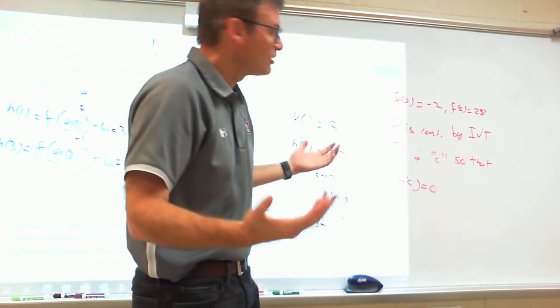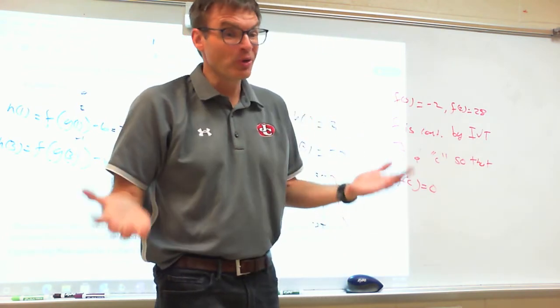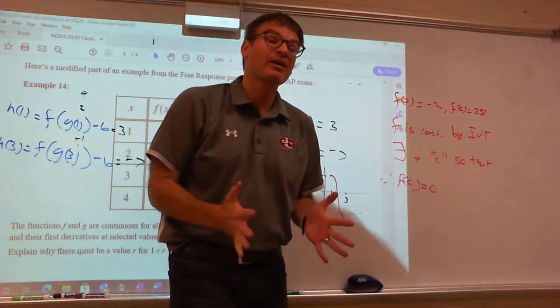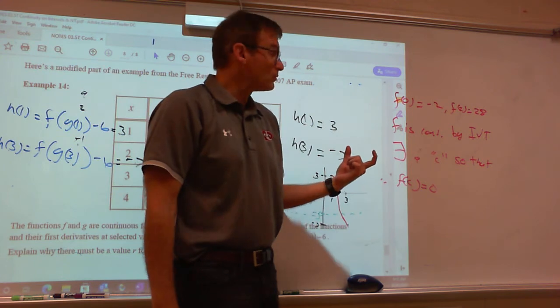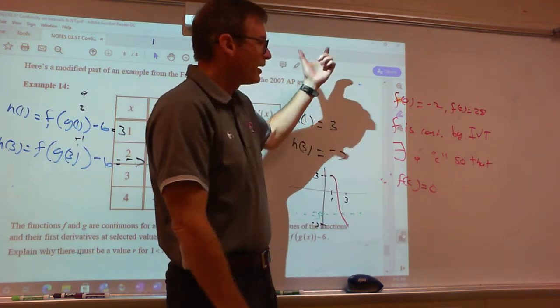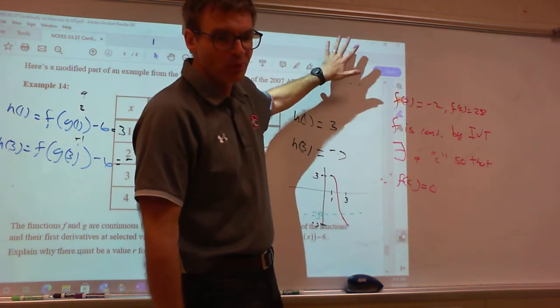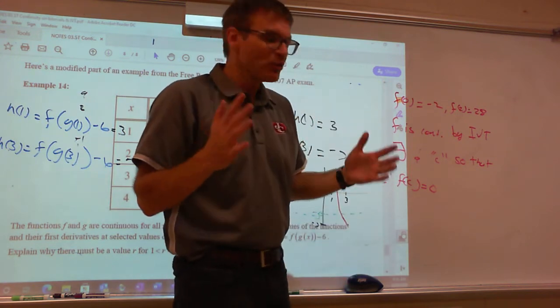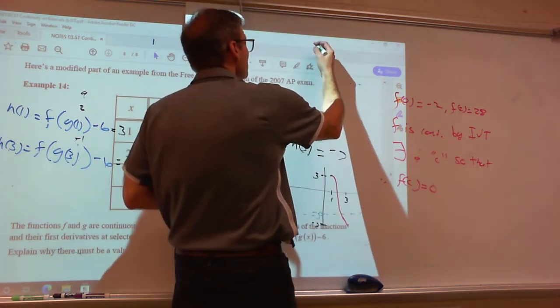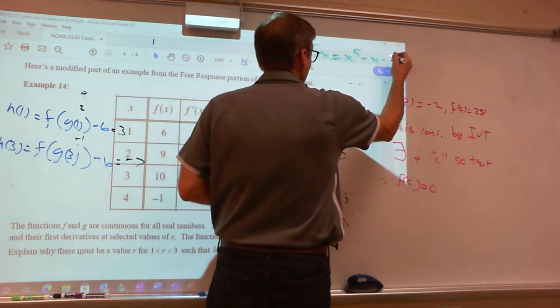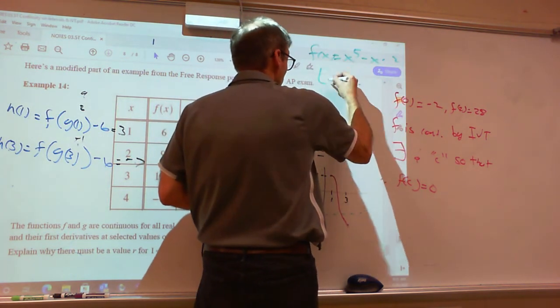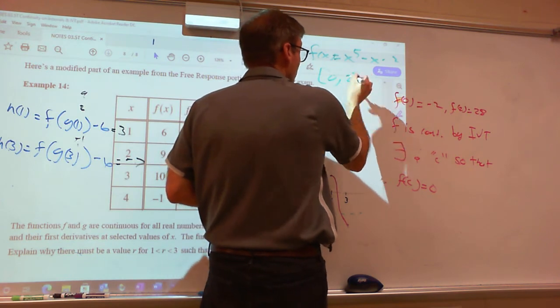Then there's this whole idea of the intermediate value theorem. For the intermediate value theorem, at least the problems I've assigned, they give you a function and an interval. You don't have to interpret what I did up here. They would give you the function f of x is equal to x to the fifth minus x minus 2, and an interval, in this case 0 to 2.